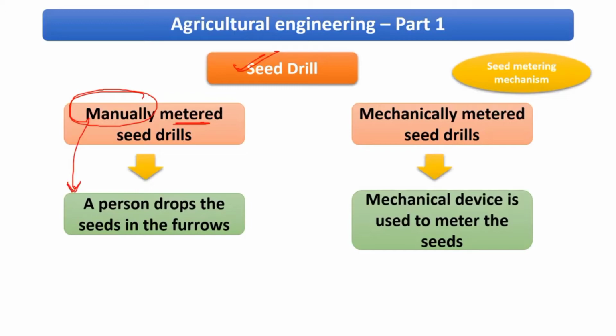But in the case of mechanically metered seed drills, the very act of placing the seeds in the furrow is done by the machine itself. So a mechanical device is used to meter the seeds. This is nothing but the seed metering mechanism, which forms a part of the equipment that you are using, right?